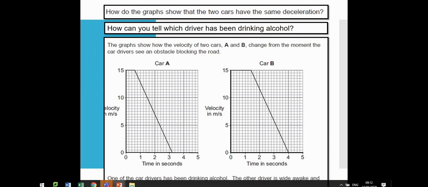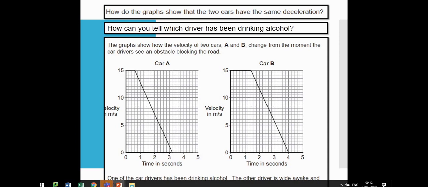How do the two graphs show that the cars have the same deceleration? Remember that deceleration is shown by the gradient of a velocity time graph. Both have the same gradient on their deceleration sections once they have actually started braking.